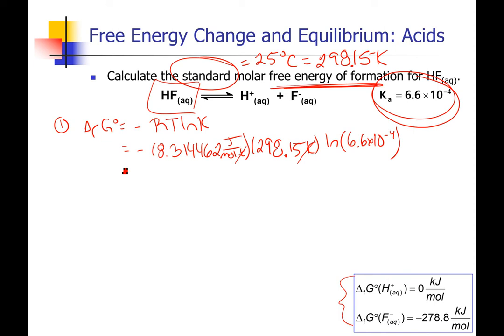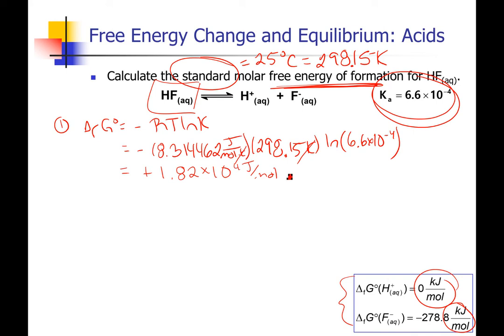And that's going to give us plus 1.82 times 10 to the 4 joules per mole. But normally we report standard free energy changes in kilojoules per mole, and our standard free energies of formation have been given to us in kilojoules per mole, so it would be helpful to convert this value into kilojoules per mole as well.